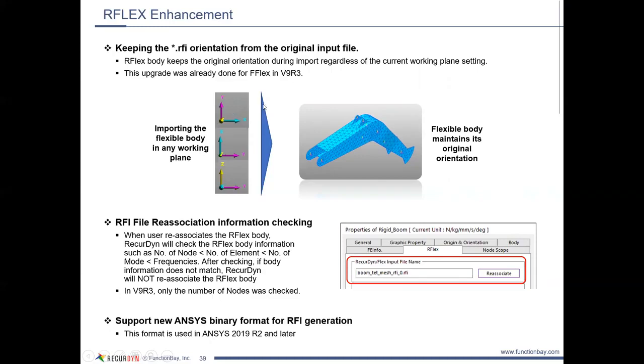So it doesn't do that anymore. It actually just keeps track of what the original orientation was in space, and then it just makes sure it's the same in RecurDyn itself. So I think this is the way it should be. The body will maintain its original orientation, and it will consistently come in that orientation no matter what working plane you happen to have active at the moment.